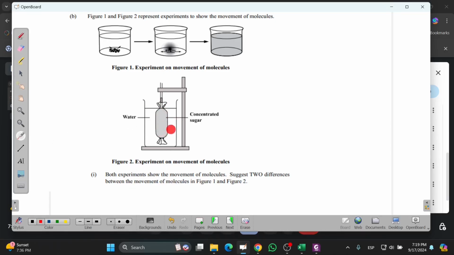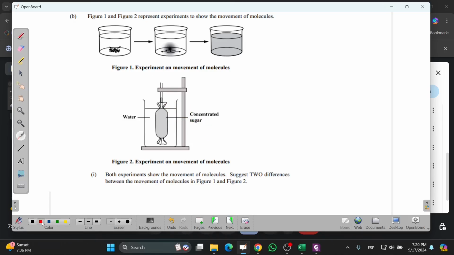Look at this other experiment. This is the Visking tube that I was talking about. This is the same setup, right? Concentrated sugar solution, and water outside. Both experiments show the movement of molecules, suggest two differences between the movement of molecules in this experiment compared to this experiment.